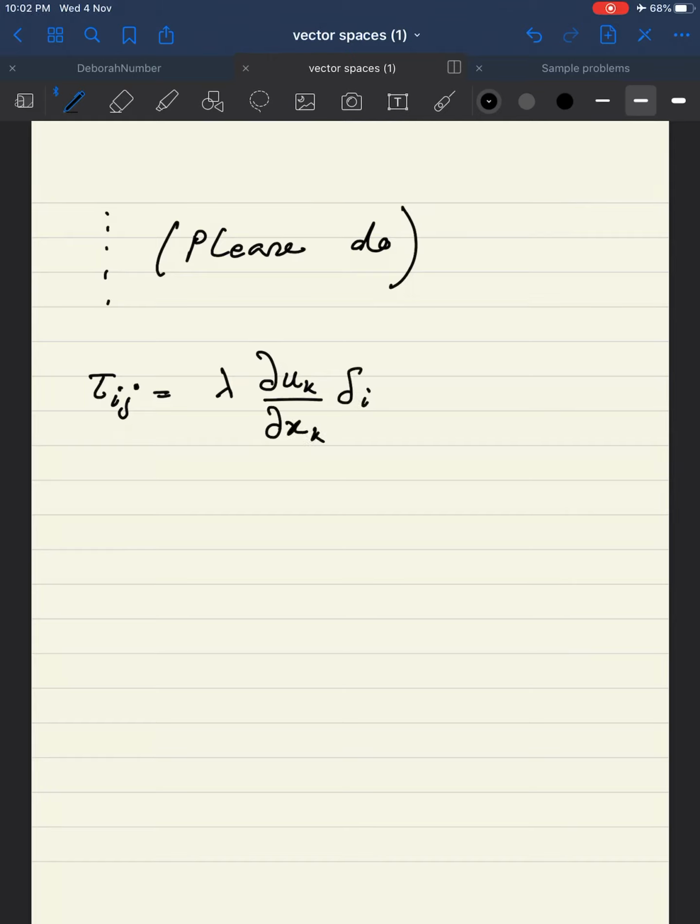del ij plus mu times del ui del xj plus del uj del xi.